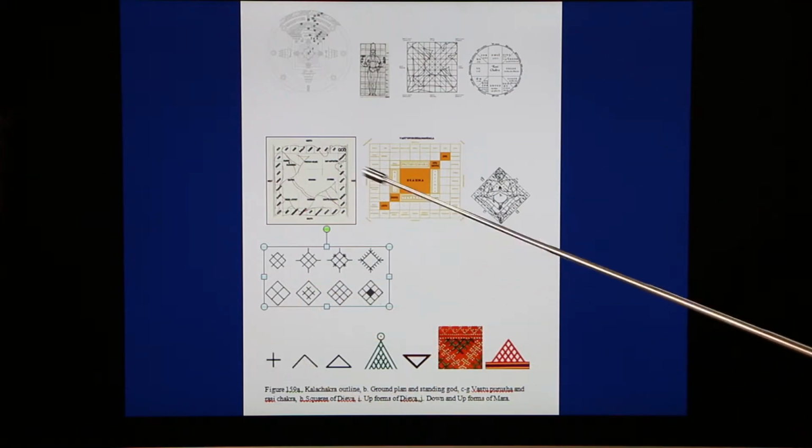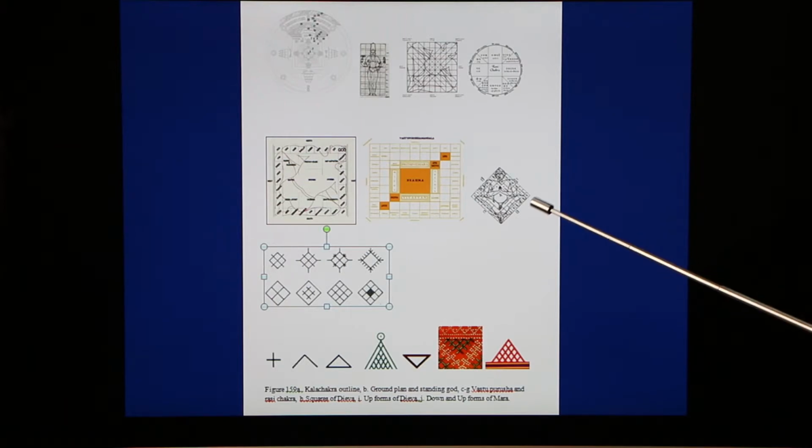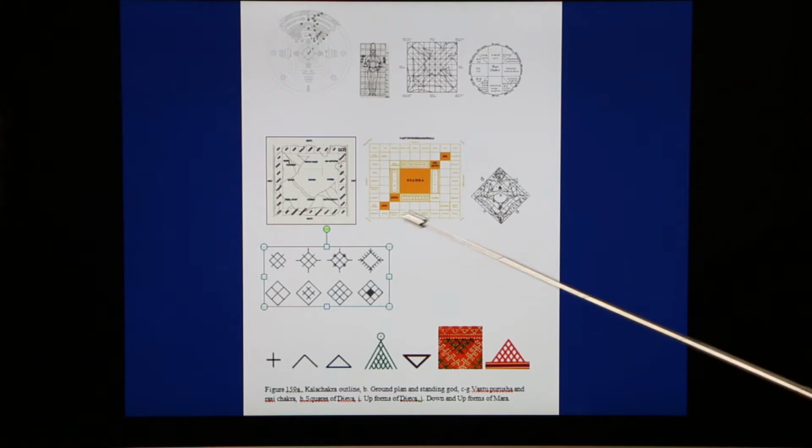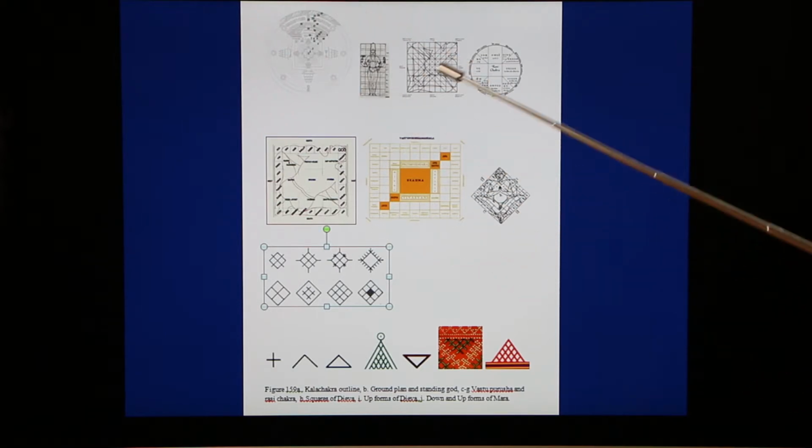Here we are dealing with versions of the Purusha, and then you create complicated vastus, and this becomes not only a way for creating the ground, but also for knowing where to place all the gods. So in the most simple versions, you have the Kalachakra that gives you gods in the 8 directions.